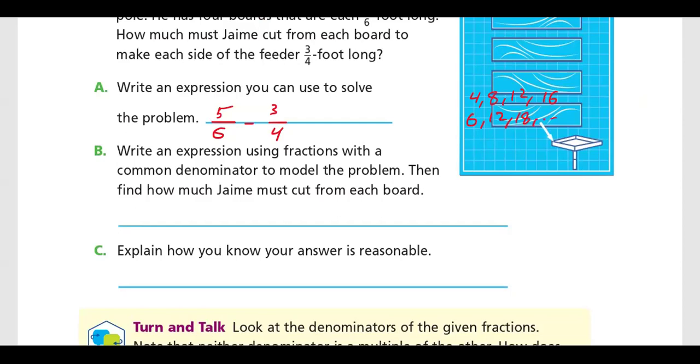So here, as we see, 12 is the first common. If we need to make 6 as 12, I have to multiply by 2 up and down. And 4 multiplied by 3 because it's 1, 2, 3.